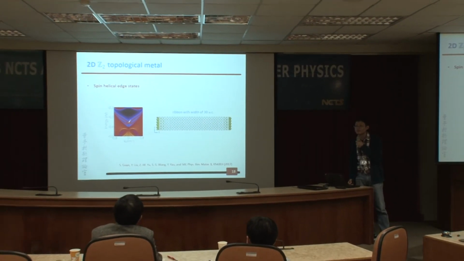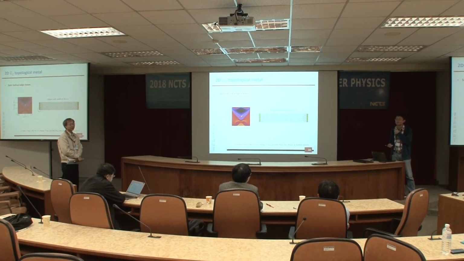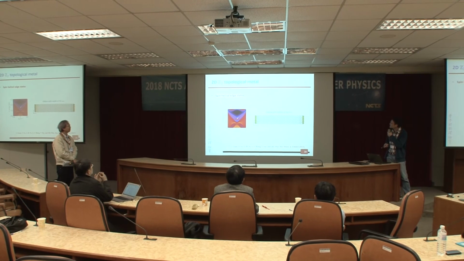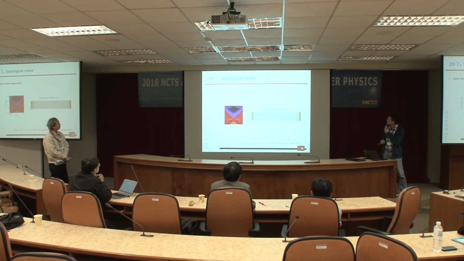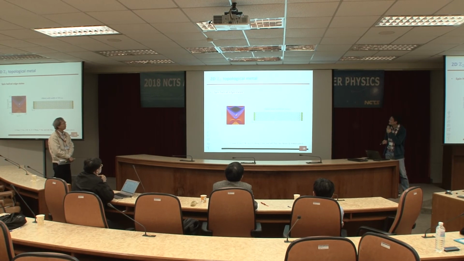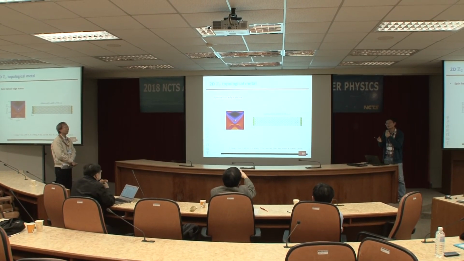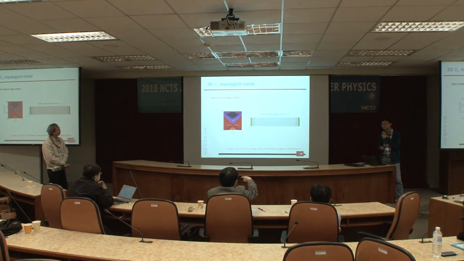So this one looks like a Rashba band, but it's one-dimensional, isn't it? Yeah, it looks like a Rashba band, but actually I don't know. So how about the spin polarization? Is it perpendicular to the plane or in plane?